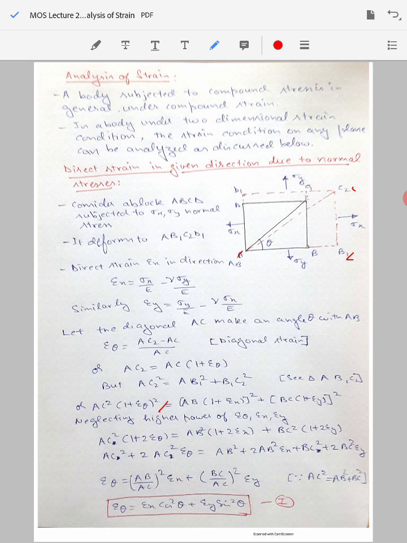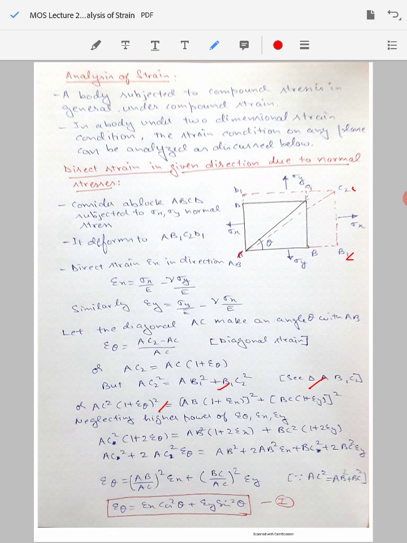The AB1 distance can be given by AB plus AB times epsilon x, so it is AB into 1 plus epsilon x. Therefore AB1 can be expressed with the help of strain epsilon x as AB into 1 plus epsilon x. Similarly, B1 C2, the new height of the block, can be expressed in terms of BC into 1 plus epsilon y.